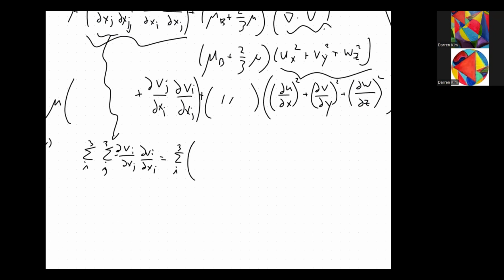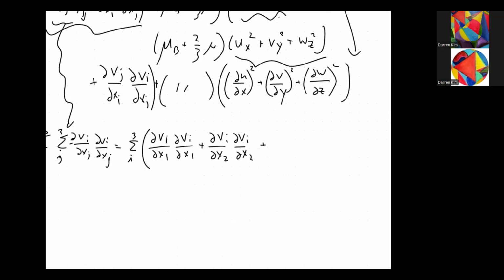Density V1. We're doing i already here. Density X1, density vi, density X1 plus density vi, X2, density vi, X2, right? I'm doing it correctly. Plus density vi, X3, and then we move on to the big one.